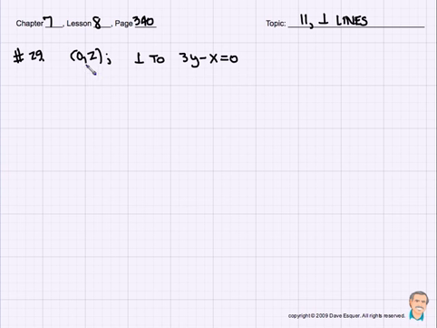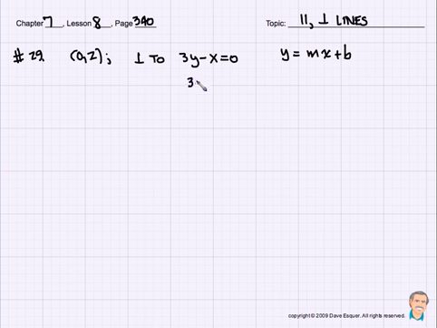Let's jump over to problem number 29. It says this line is going to go through (0, 2), and it's going to be perpendicular to 3y minus x is equal to 0. Well, that means we got to do something. We got to go y. Y turns out to be equal to mx plus b again.